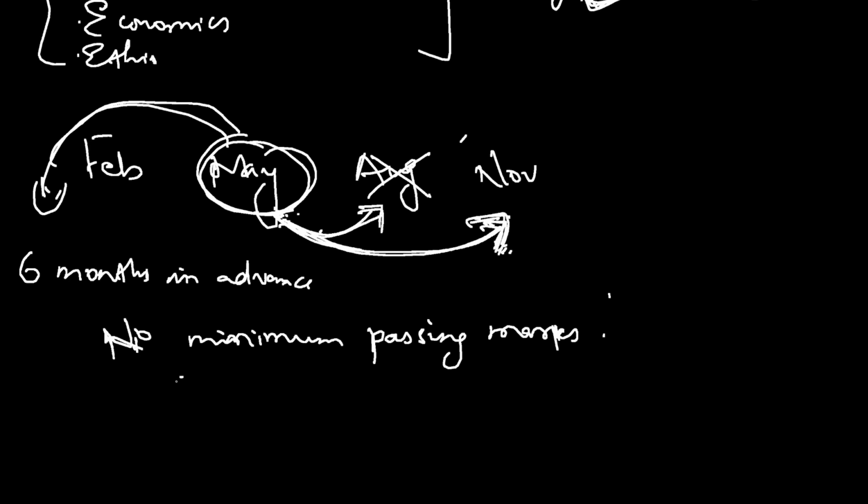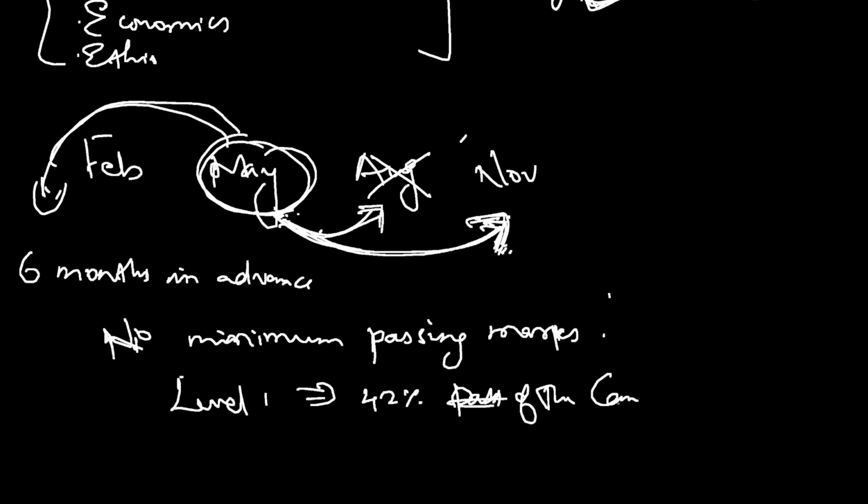So what is the passing rate? After giving the exam, it will take around 1.5 months to get the result. And generally the trend has been that for level 1, around 42 percentage of the candidates pass.